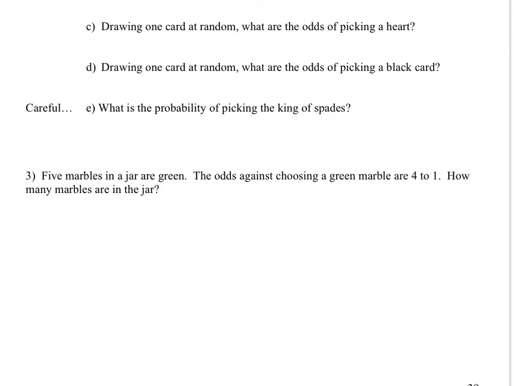Scrolling down to the bottom of your page, for number 3 it says 5 marbles in a jar are green. The odds against choosing a green marble are 4 to 1. So odds against are 4 to 1.